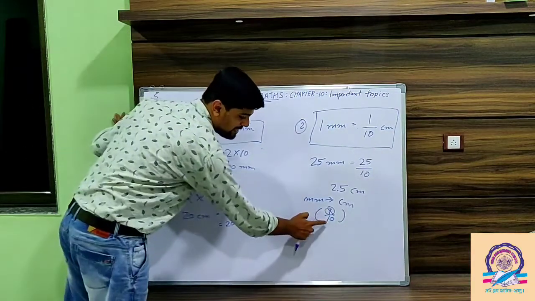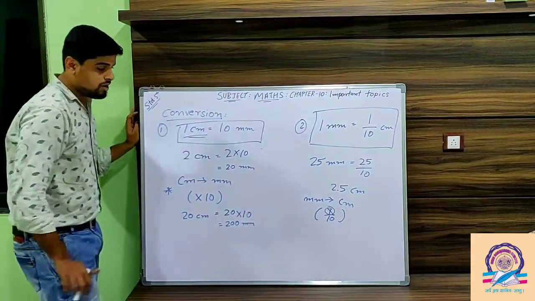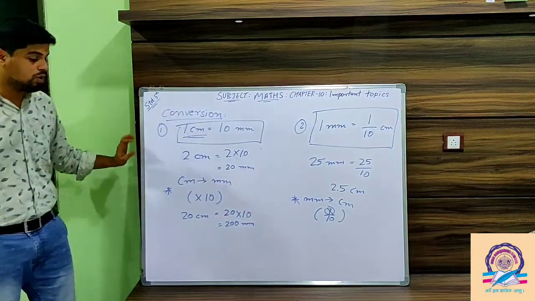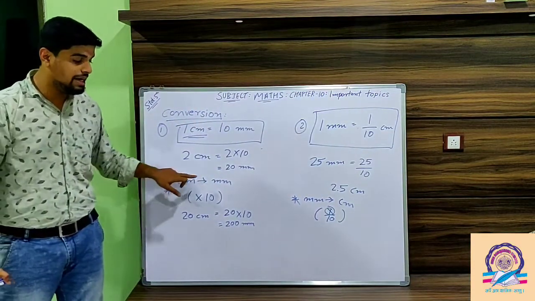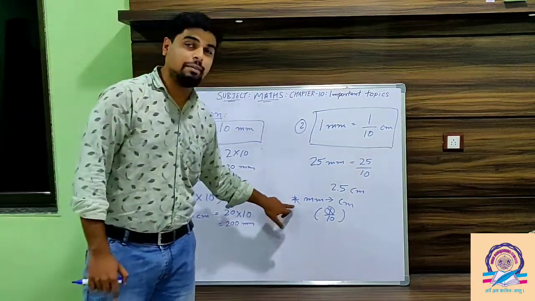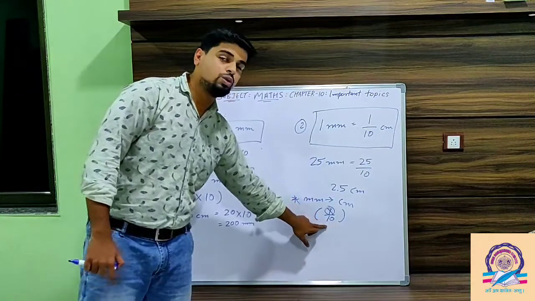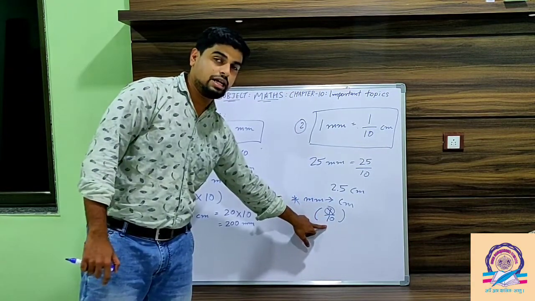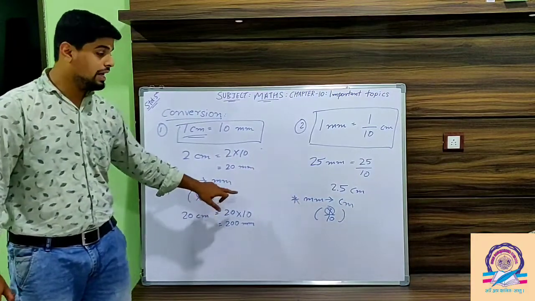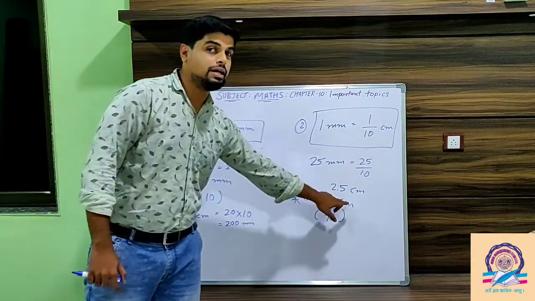We have to divide that number by 10. You have to write both formulas in your book. For converting centimeter to millimeter, multiply by 10, and for converting millimeter to centimeter, divide by 10. Is it clear, Bachcha Party, how to convert centimeter into millimeter and millimeter into centimeter?